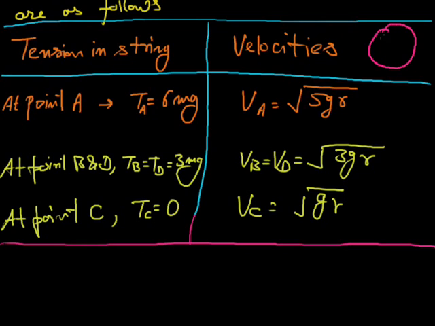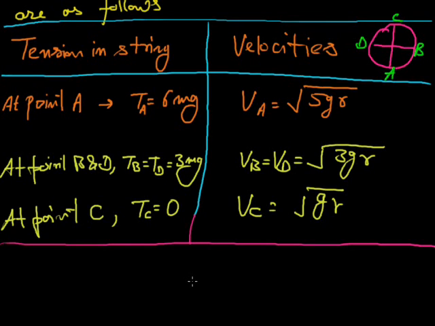Here A, B, C are the points. This is point A and this is B and this is C and this is D. This is lowest velocity at each and every point.